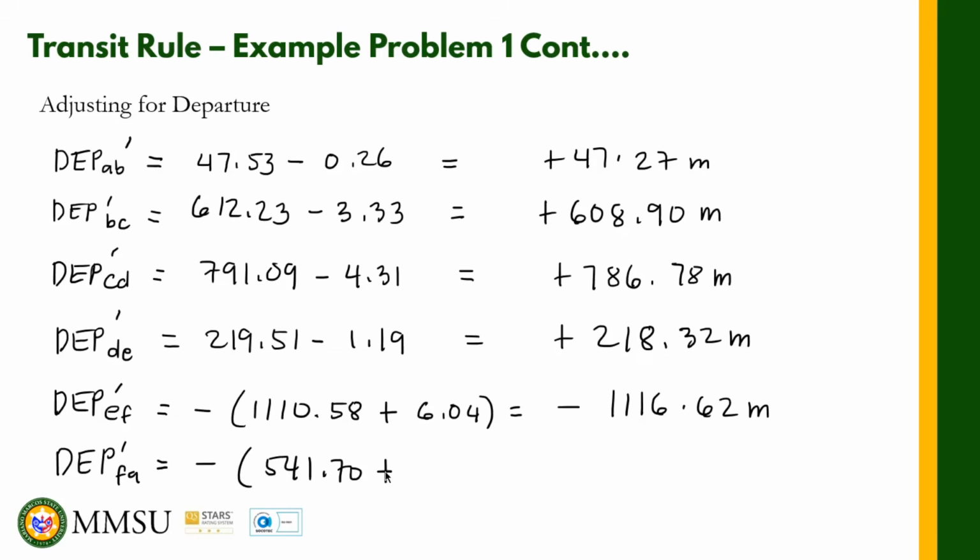So we need to add the correction of 2.95, and we should come up with negative 544.65 meters. To check if your adjusted departures are correct, we need to get the sum, and we should come up with 0. So that's it. We have adjusted the departures of the given traverse.